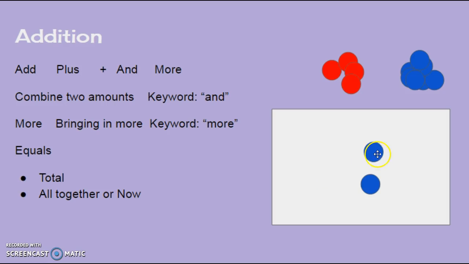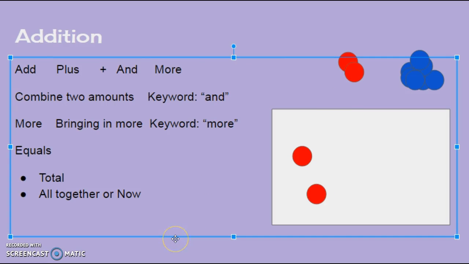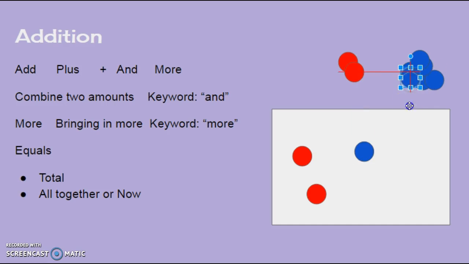And now let's talk about the other way you'll hear an addition problem, which would be to bring in more. So to bring in more, what I might have is two birds in a tree, and then two birds join those two birds in the tree.